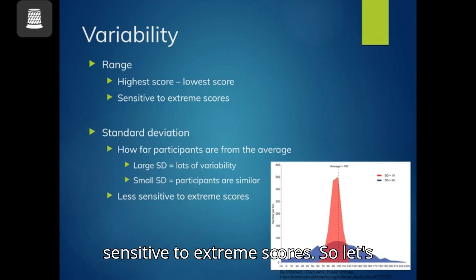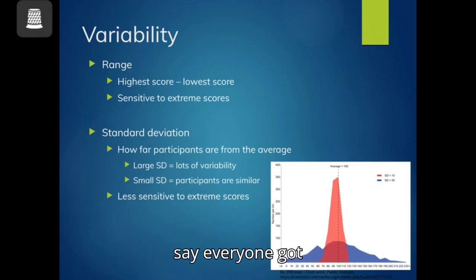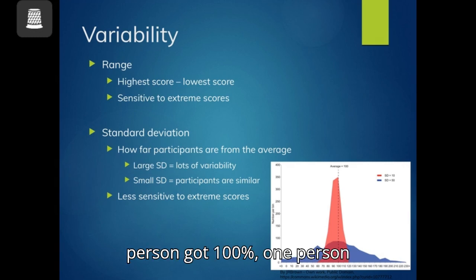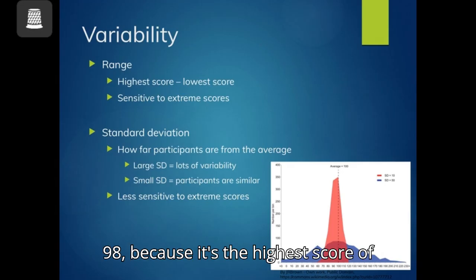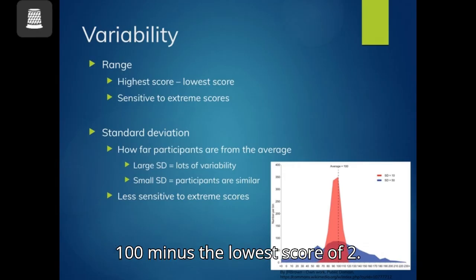Now the range is very sensitive to extreme scores. So let's say everyone got around 50%, one person got 100%, one person got 2%. That means your range is going to be 98, because it's the highest score of 100 minus the lowest score of 2. So that's a range of 98.